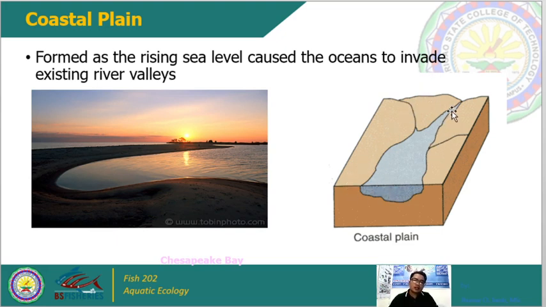So sa nauna diri pataman siguro ang river, kay ubos man ang level sa ocean, tapos pagkahuman nisaka na kay nag sea level rise, niabot na diri ang brackish water area. So this is basically termed as a coastal plain because of the invasion of the ocean to the existing river valleys. Okay, so that's coastal plain.